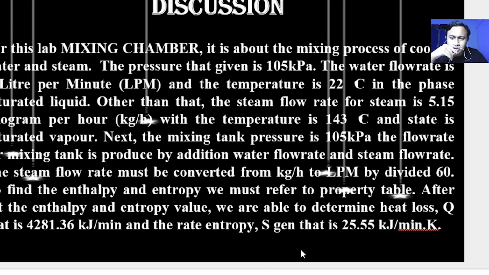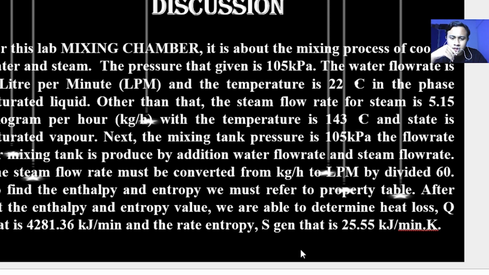The steam flow rate is 5.15 kg per hour with a temperature of 143 degrees Celsius, and the state is saturated vapor. The flow rate for the mixing tank is produced by adding the water flow rate and the steam flow rate. The steam flow rate must be converted from kilogram per hour to liter per minute by dividing by 16.